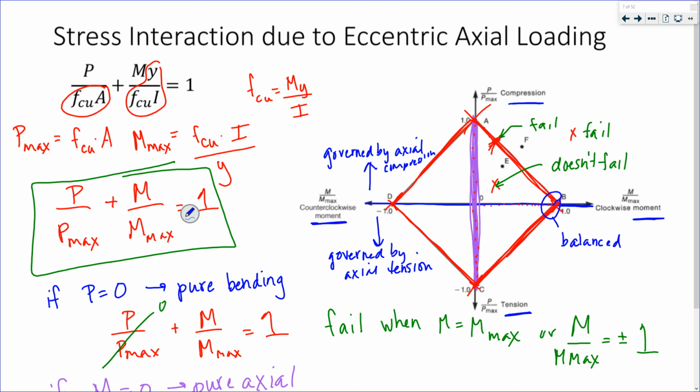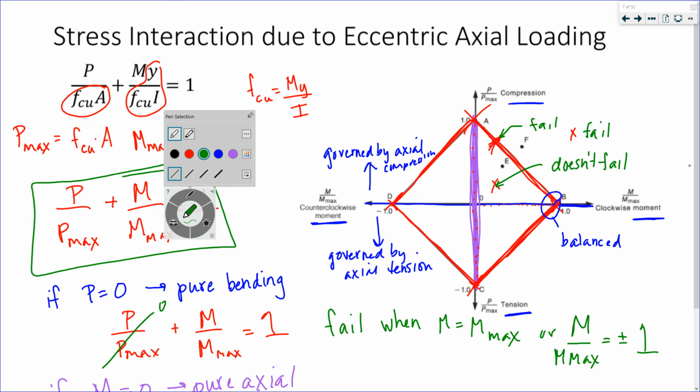So, up until now, let's remember FCU is equal to negative FTU, or they're equal to each other, right?